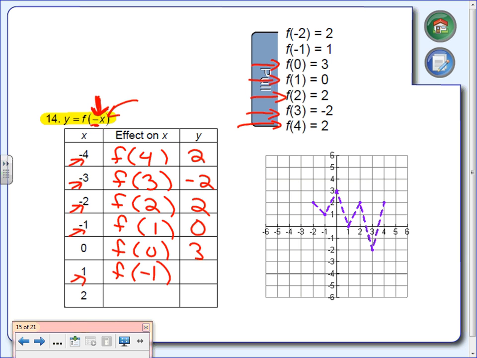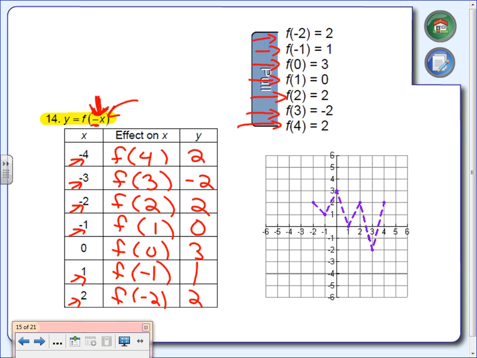And if we look here, f of negative 1 is equal to a 1. And then the last one, that negative sign times that 2. Negative times 2 makes this a negative 2. And if you look here, f of negative 2 is equal to a 2. So these are the new points. These are the new ordered pairs.